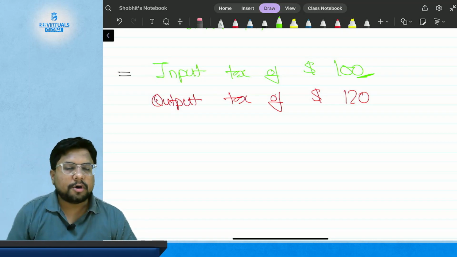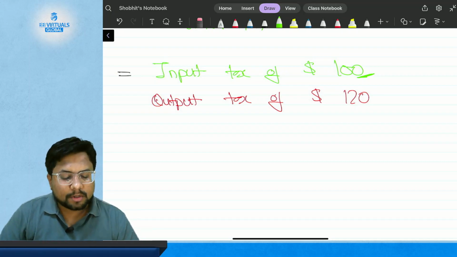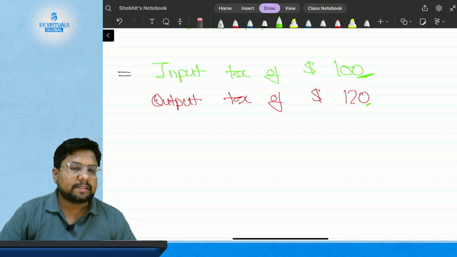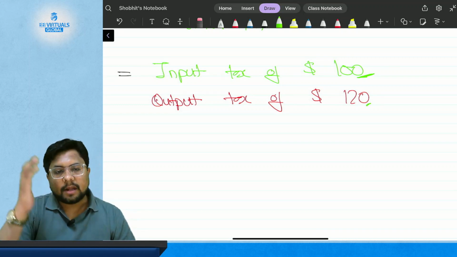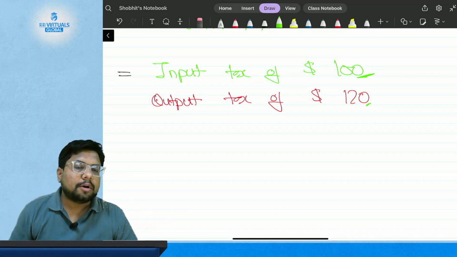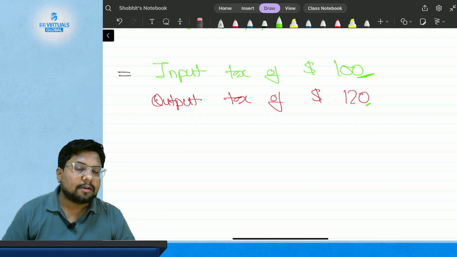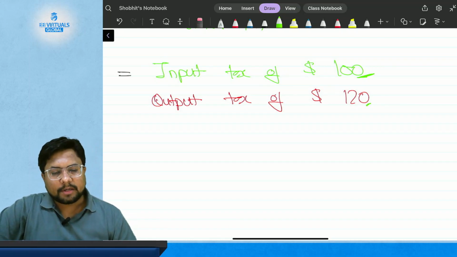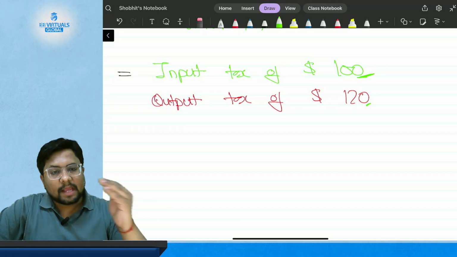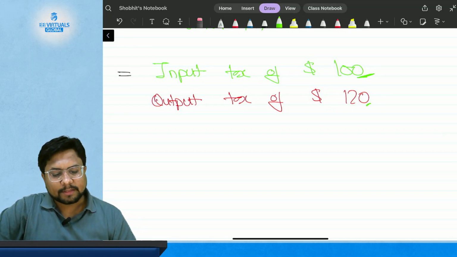So government has already got $100. Now again, when you have sold the goods, you are taking 120 as the sale tax. So now if you deposit 120 again, the government will get $100 plus $120, that is $220, which is more than the tax rate, and hence it becomes a double taxation. So you don't need to pay the entire sale tax amount when you have already paid the input tax amount.